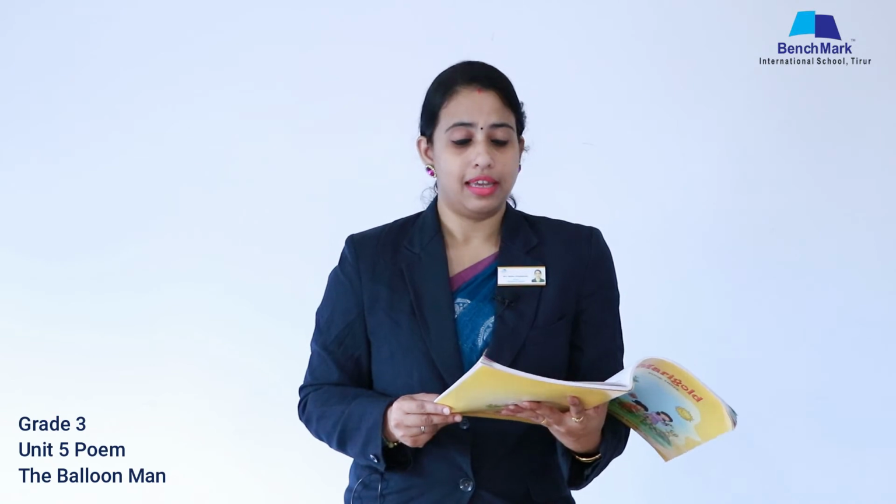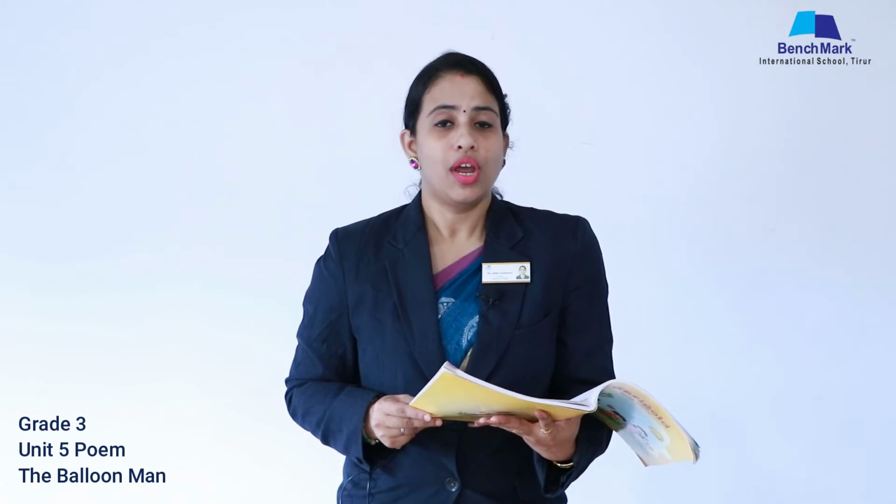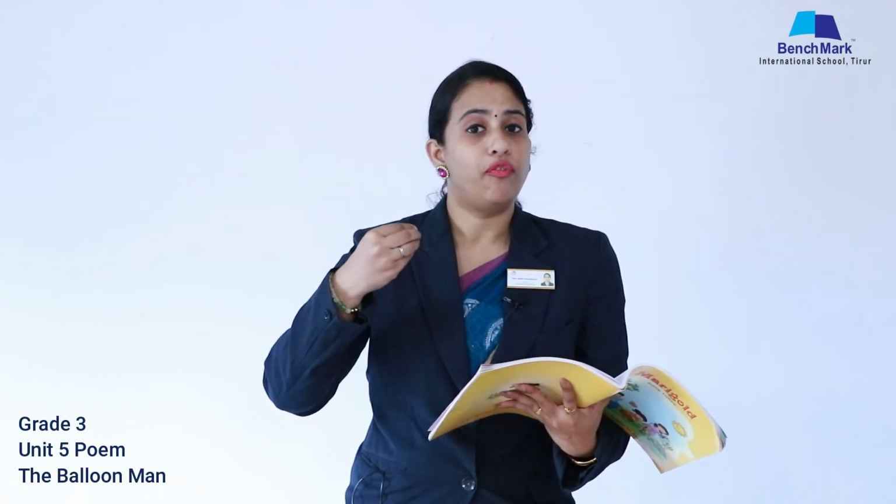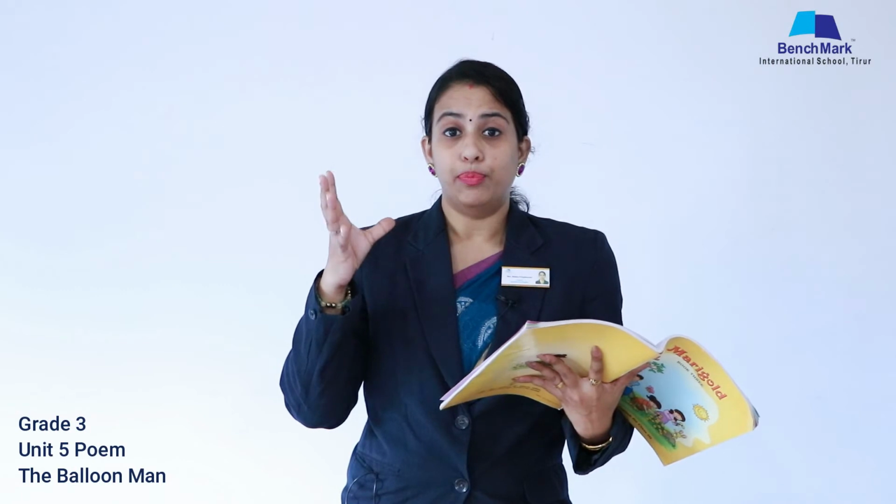Yeah, the girl is thinking that one day this balloon seller will release the balloons, and when he releases them they will be free and sail in the sky, and the beauty of the sky with different colors of balloons sailing will be very attractive.